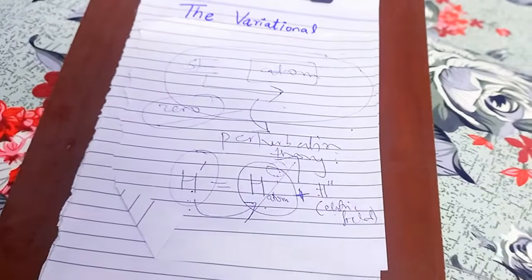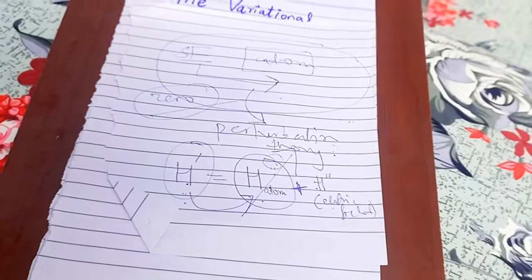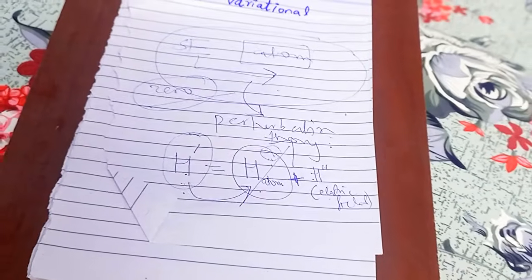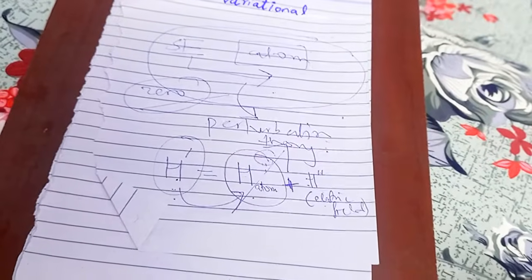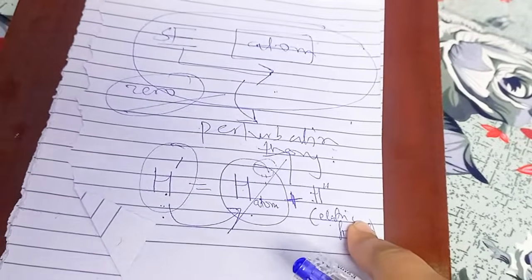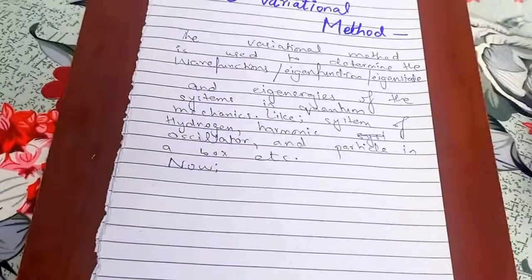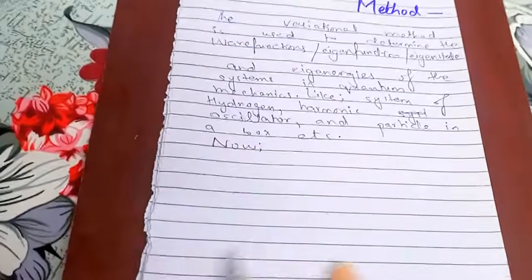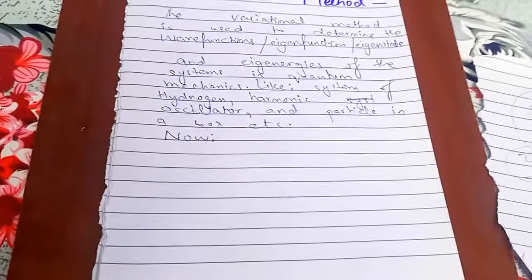Now I was going to write such a statement, and I just wanted you all to understand that statement, and it makes sense when you know about perturbation theory. So let me write that statement now. I hope you will get the statement as well when I write it.